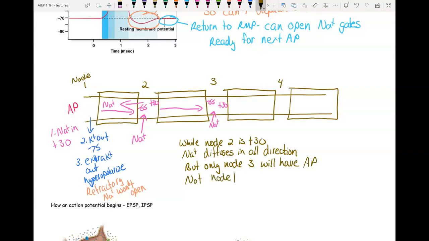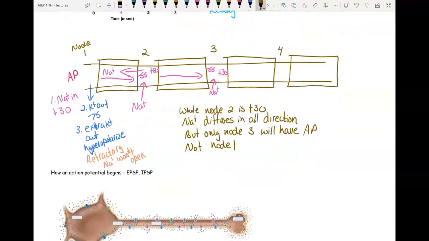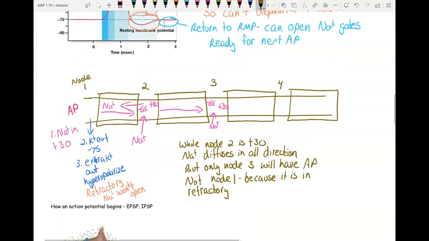Node 1 will not have an action potential now because it is in refractory. So its sodium gates are locked shut and you can't have an action potential there.